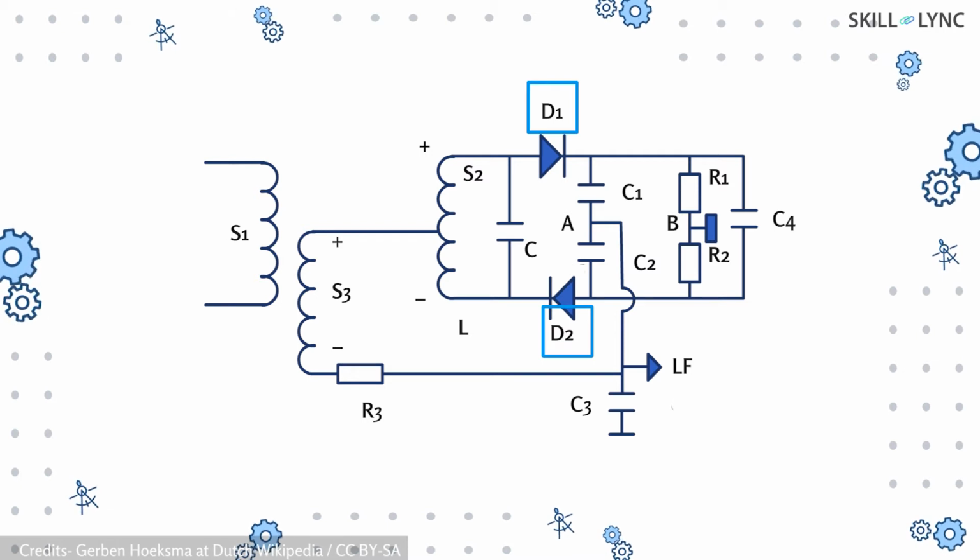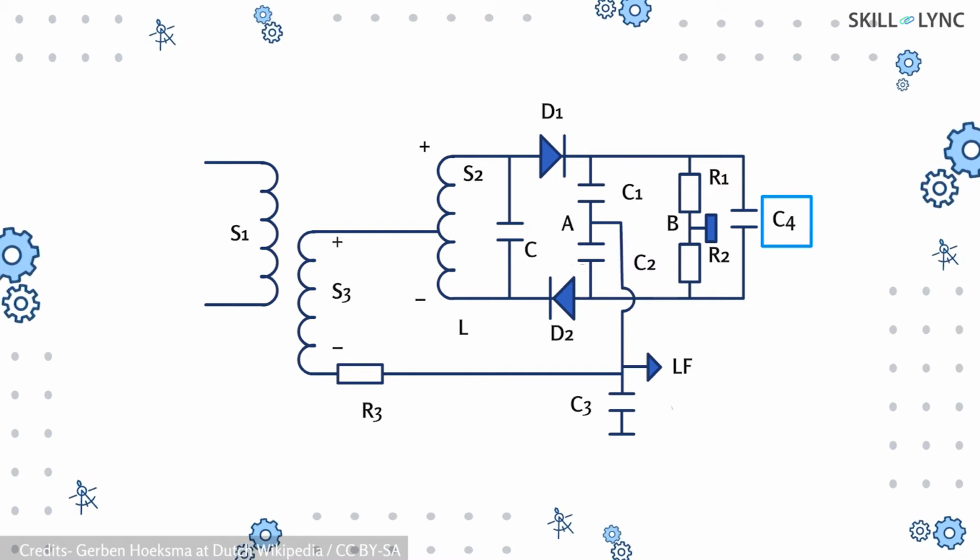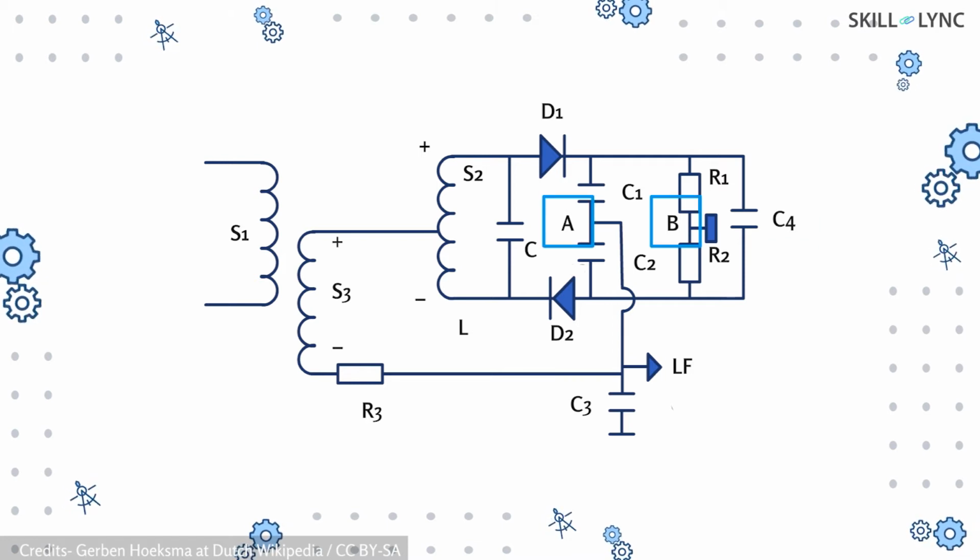These two allow only certain voltages to pass through them and work alternately. Their voltages are taken across the capacitors C1 and C2. Capacitor C4 takes the average of the sum of the two voltages and makes sure that the output voltage does not exceed a certain limit. The final output is taken across points A and B as the original message signal.